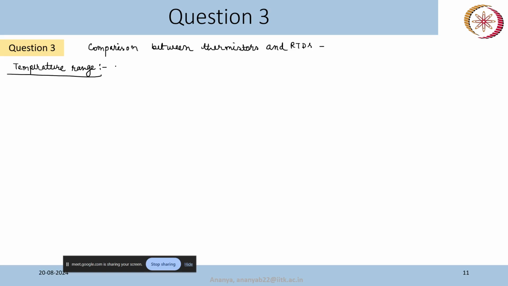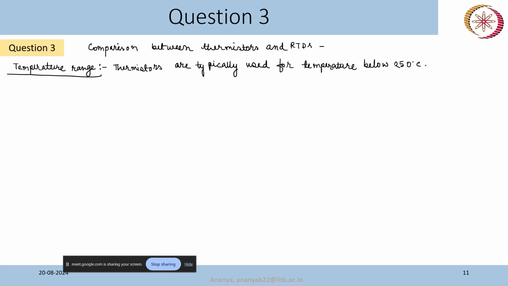Okay, so temperature range wise, thermistors are typically used for temperatures below 250 degrees Celsius. I'm not giving you any reference for this.